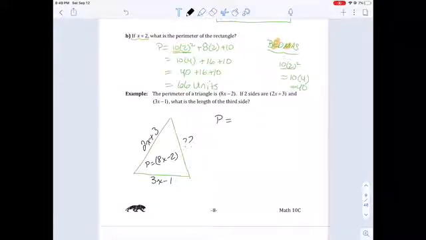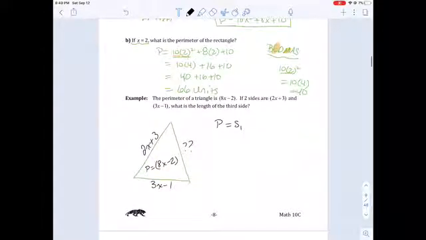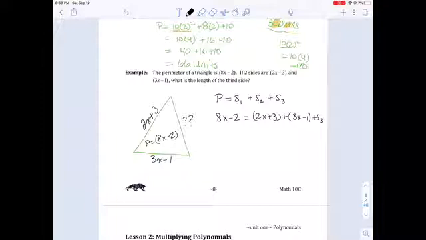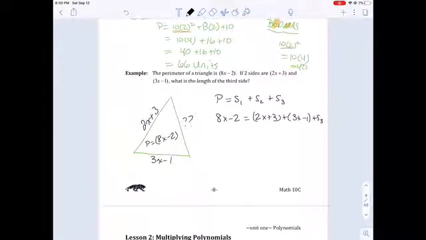Well, I can take that perimeter and I know that it's side 1 plus side 2 plus side 3. So if my perimeter is 8x minus 2, and side 1 is 2x plus 3, and side 2 is 3x minus 1, then I want to find side 3. Okay, how do I do that?